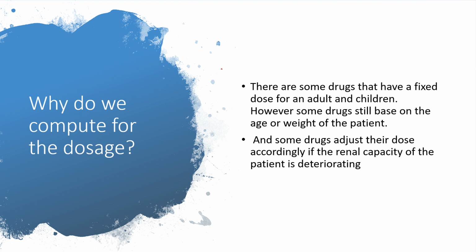So we need to adjust the dose because of the potency of our drugs. Some of our drugs also adjust their dose accordingly if the renal capacity of the patient is deteriorating. So drugs like your aminoglycosides or any nephrotoxic drugs need to be adjusted accordingly depending on the kidney function of your patient. You will learn this more in your hospital pharmacy and your clinical pharmacy.